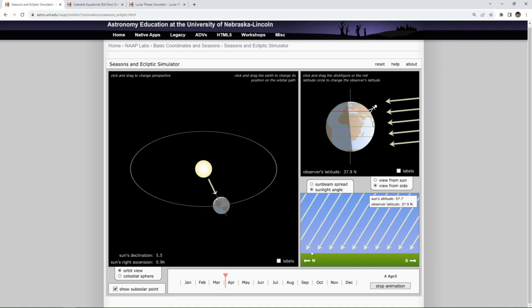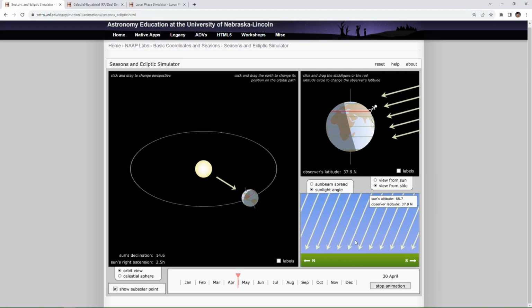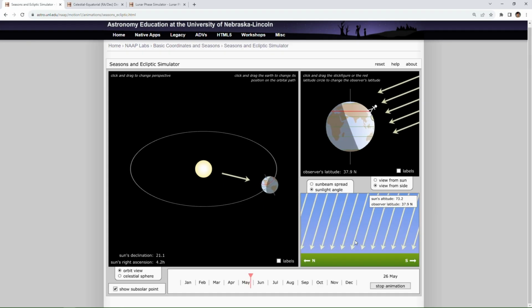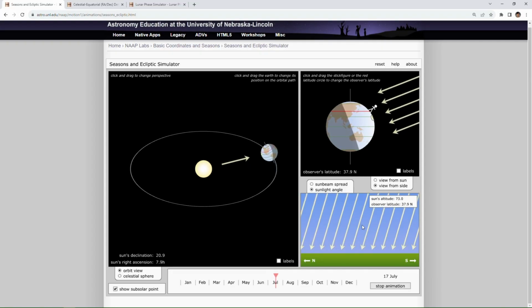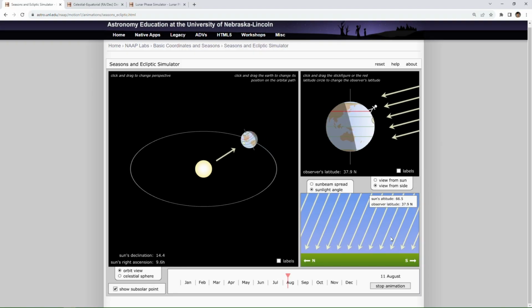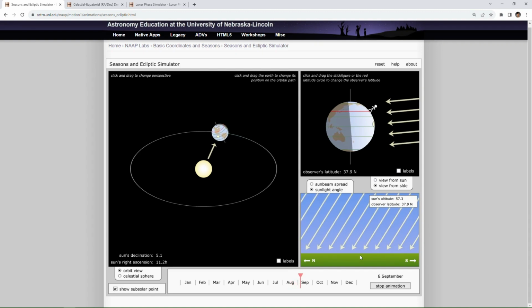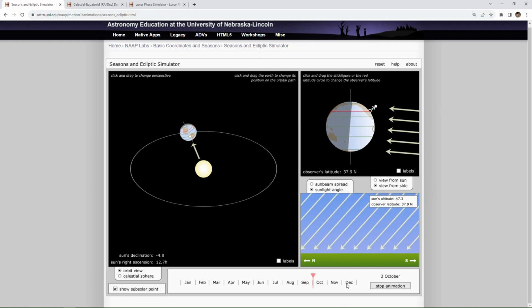You can see the angle gradually becoming larger and larger. The angle keeps increasing until June 21st, the summer solstice. After that, you can see the angle start to become smaller and smaller. So we receive less heat from the sunlight. And all the way to December, it will become colder.